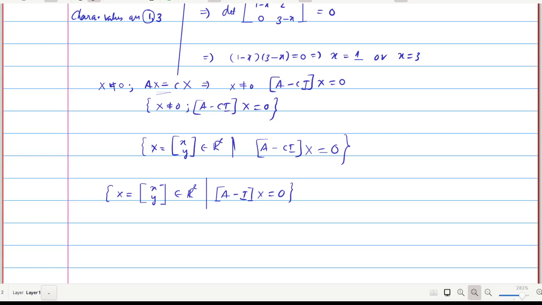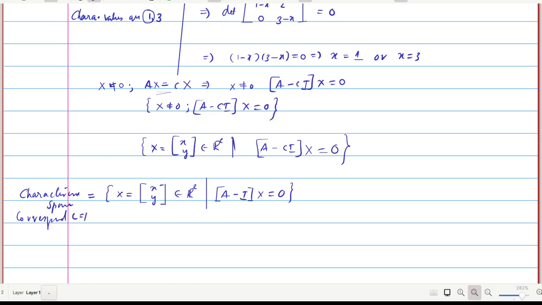We need to find this set first. This is called the characteristic space corresponding to, or associated with, C equal to 1.